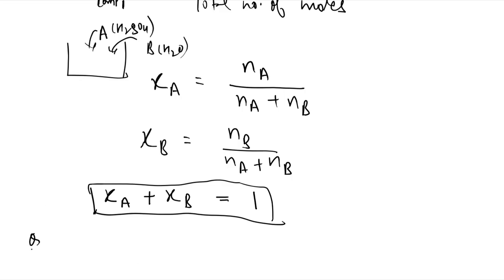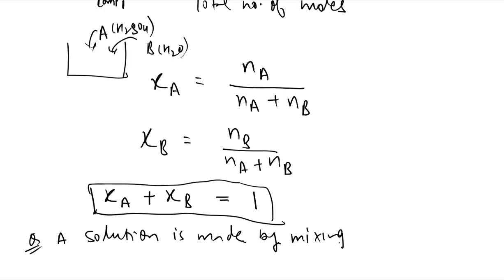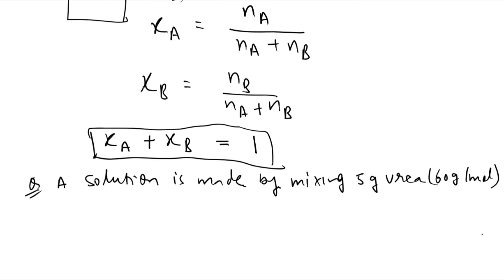One of the numericals says: a solution is made by mixing 5 gram urea. Its molar mass is given as 60 grams per mole. 34 gram of water, we already know the molar mass for this is 18.